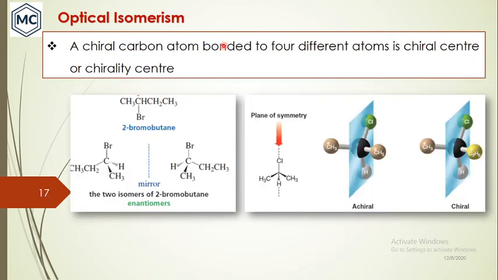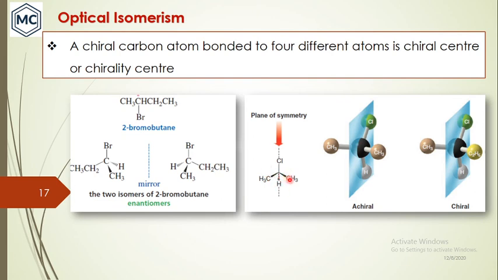A carbon atom bonded to four different atoms is a chiral center, or chirality center. For example, in 2-bromobutane, this carbon is attached to four different atoms, and this is the mirror image. These are the two isomers of 2-bromobutane, and this does not have any elements of symmetry.